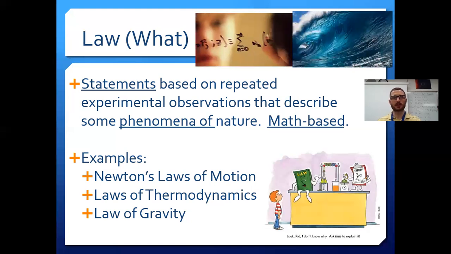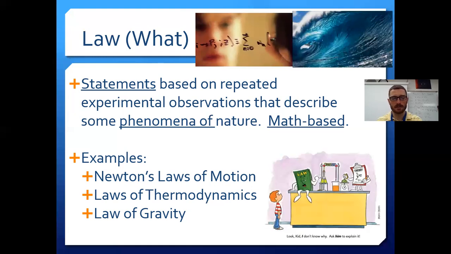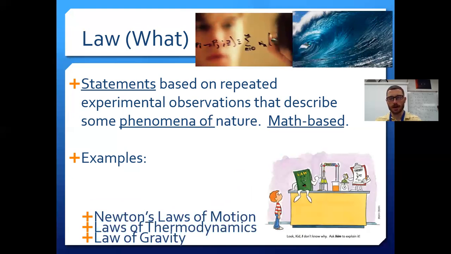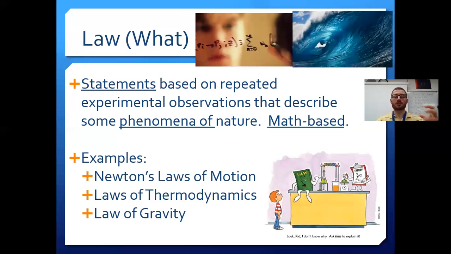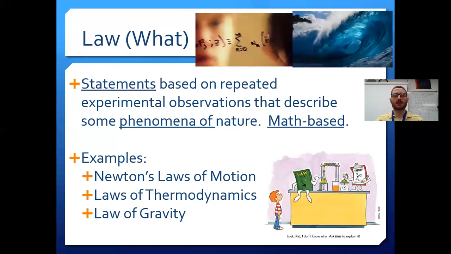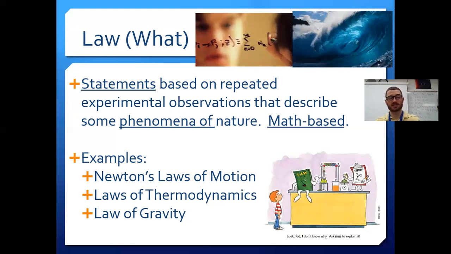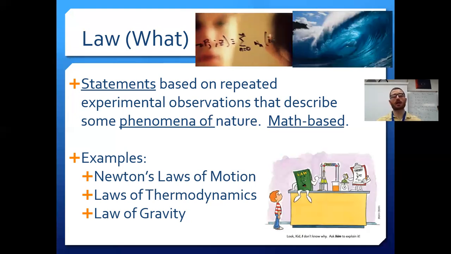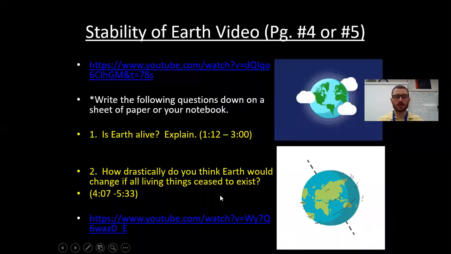Cell theory, the Big Bang Theory, atomic theory, I can't put those topics in a math equation. I have to describe them. Gravity, thermodynamics, laws of motion, those are all math-based. Those are going to be laws. Theories can make slight changes, but laws are pretty much concrete. But laws are not better than theories. So make sure you have written those down.